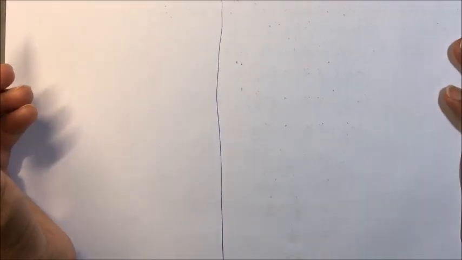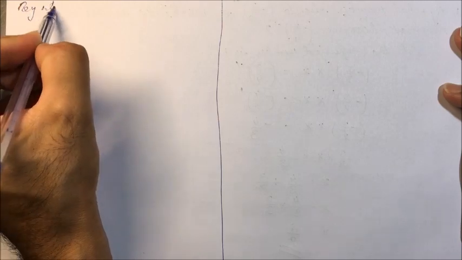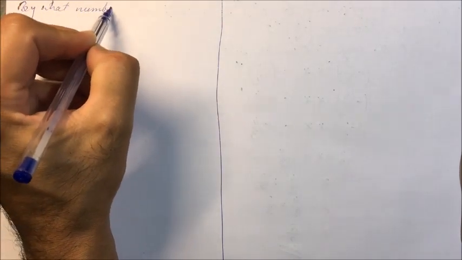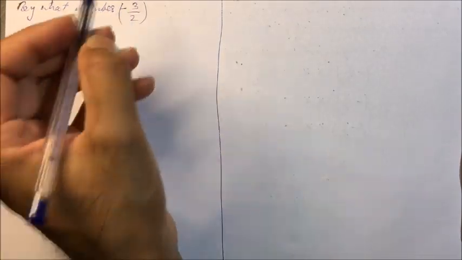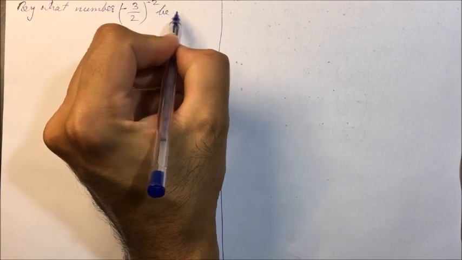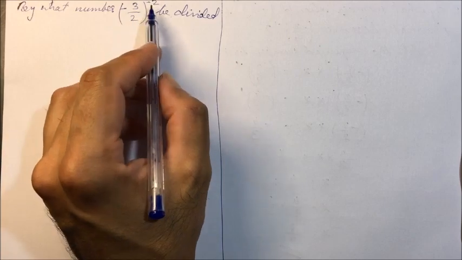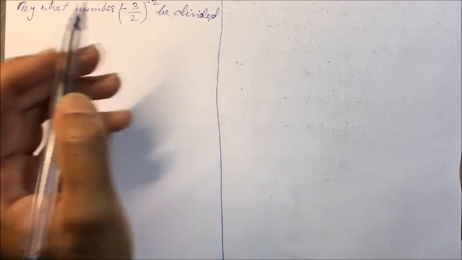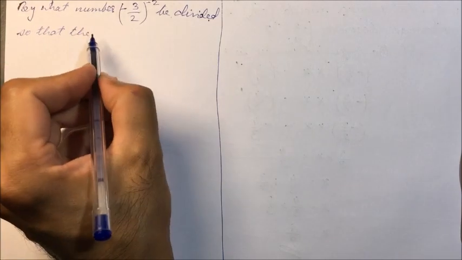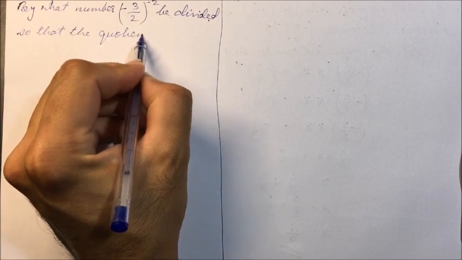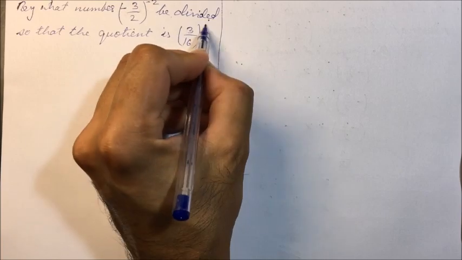Now next question: by what number should (-3/2)^(-2) be divided so that the quotient is (3/16)^(-1)?